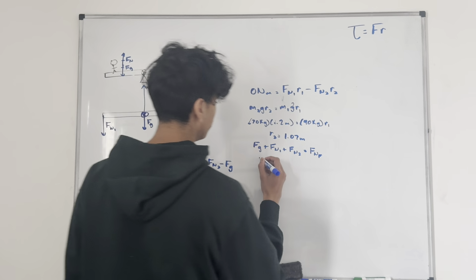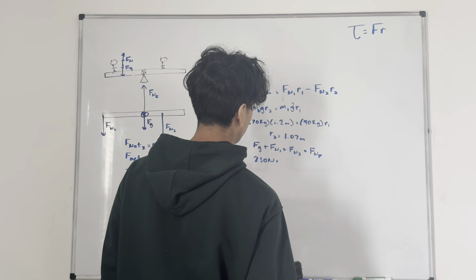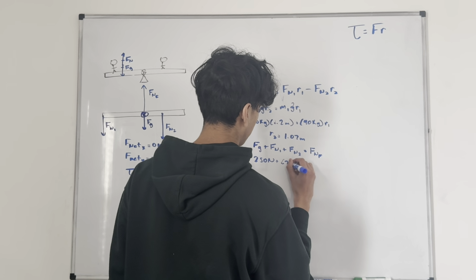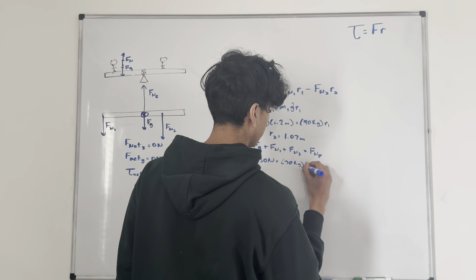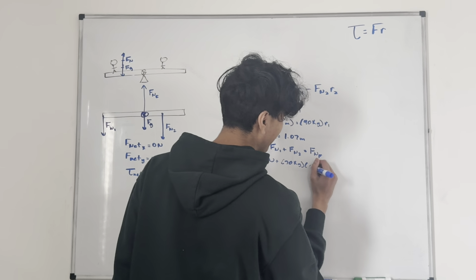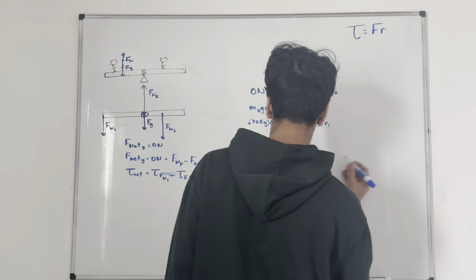So 250 newtons is the weight, plus Fn1 is going to be 70 kilograms times 9.8. I'll use 10. On the AP exam you can, so I might as well just save myself the trouble, and I have a calculator, so it makes it a little bit easier.